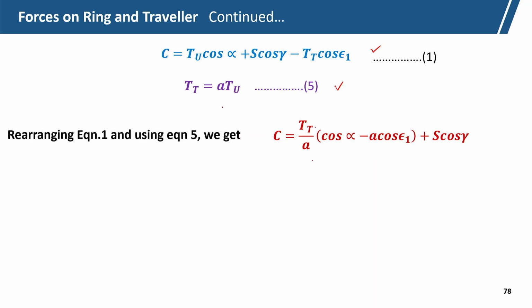T u equal to T t by A. So, we are replacing T t by A, then cos alpha minus A cos epsilon 1 equal to S cos gamma. So, if we just replace this T t here, we will get this.